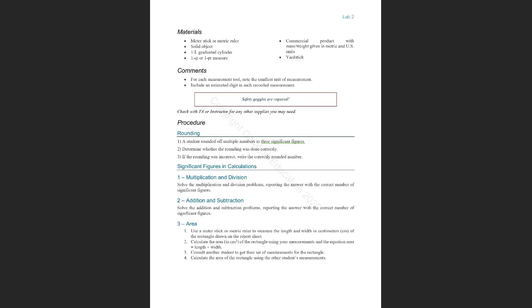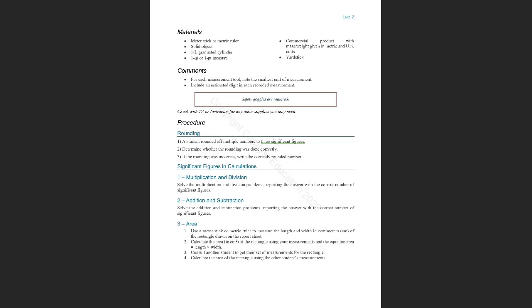So now, quickly, we are going to go over what you have to do for your report. So the first part, let me see, is rounding. It's not very clear when you are going to do it, but I want to advise you that you have to round to 3 sig figs.